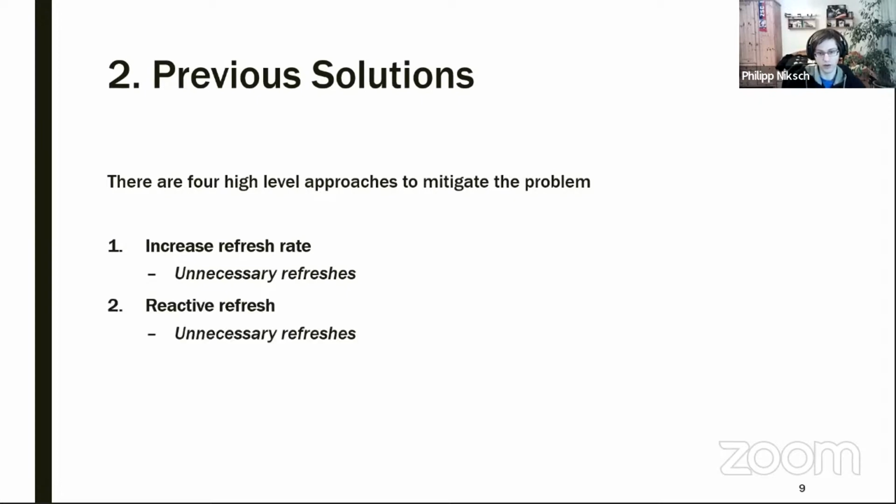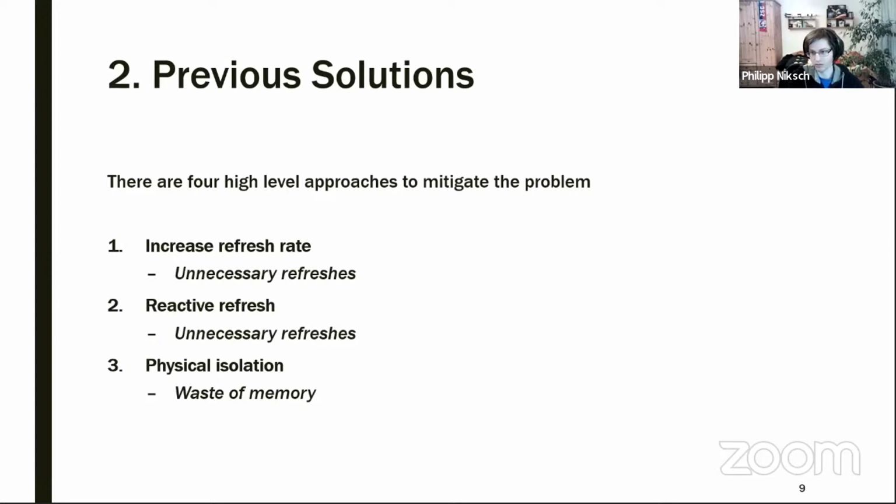A second and more clever approach is to reactively refresh neighbors of recently activated rows. Though better than the first solution, even this approach comes with a decrease in performance. The third proposal is to physically isolate memory regions owned by different threads by putting buffer rows in between.